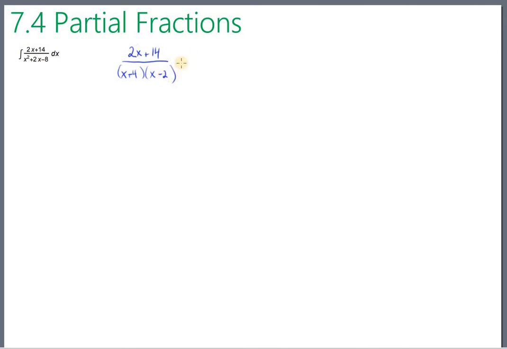Okay. That's just two distinct linear factors, so the partial fraction expansion says that must be something over x plus 4 and something over x minus 2, and the somethings will just be constants.